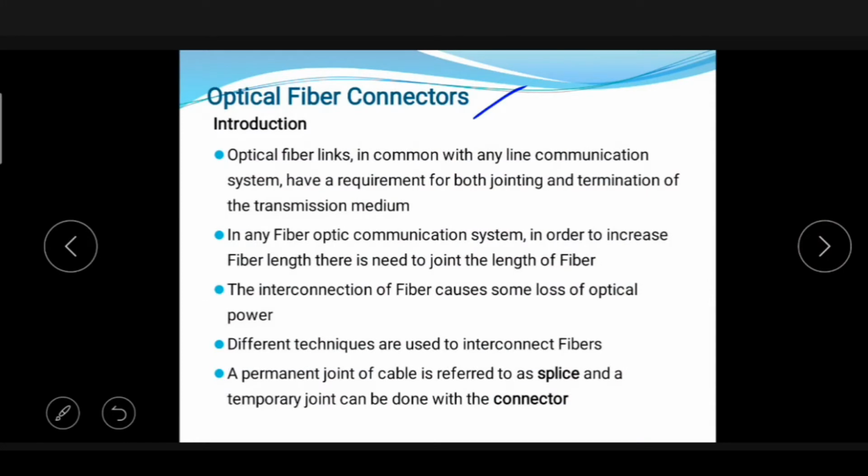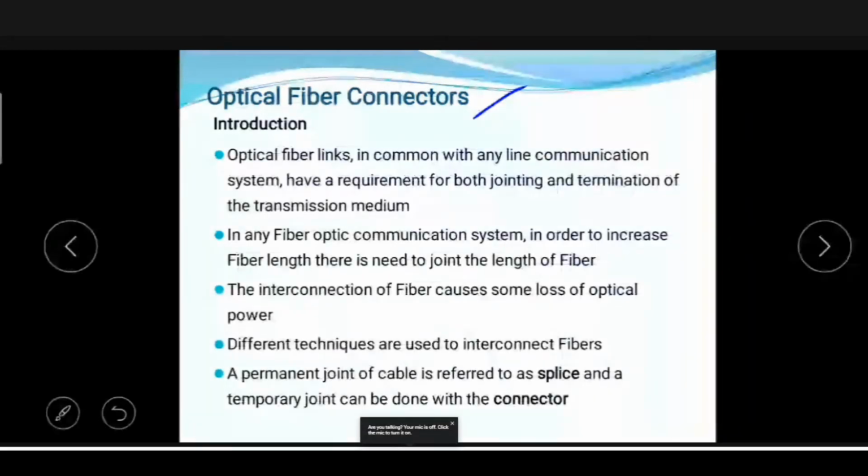In another case, the optical fibers are joined but not permanently. For the time being, they are joined for a particular application or time, and later it can be removed.